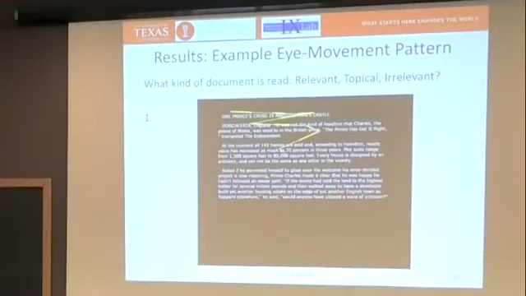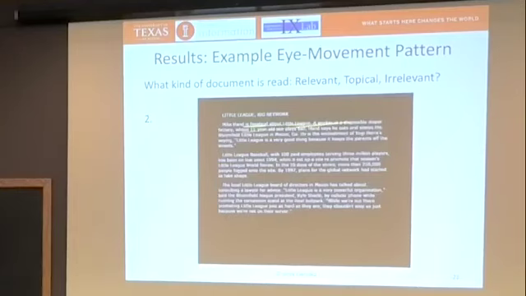eye movement patterns. So that's one type of document. I will later ask you if you think it's relevant, topical, or irrelevant. That's another example. And here we observe quite a different type of reading.